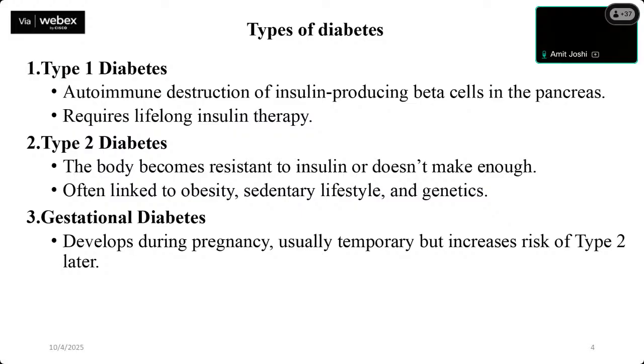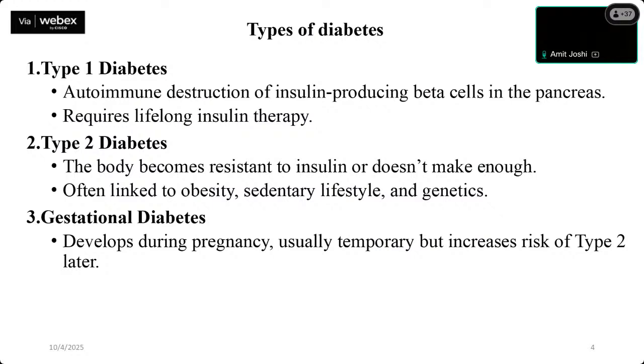Type 2 diabetes is when the body has become resistant to insulin, or doesn't make enough, so there is not adequate insulin generated inside the pancreas to neutralize the excess glucose. It is often linked with obesity, sedentary lifestyle and genetics.